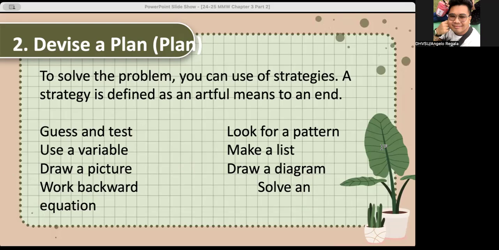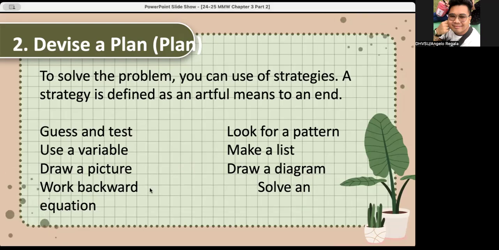We may also draw pictures, work backwards, use equations or look for patterns. Then sometimes we make a list or draw a diagram. So these are some strategies that we can think of when we devise a plan.